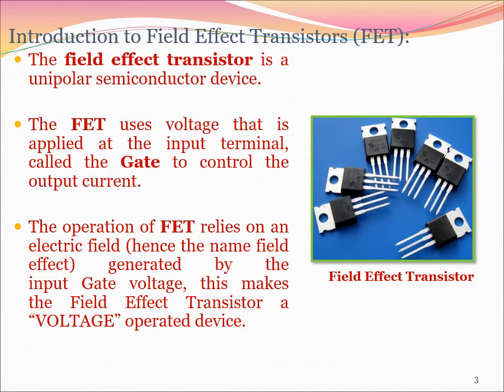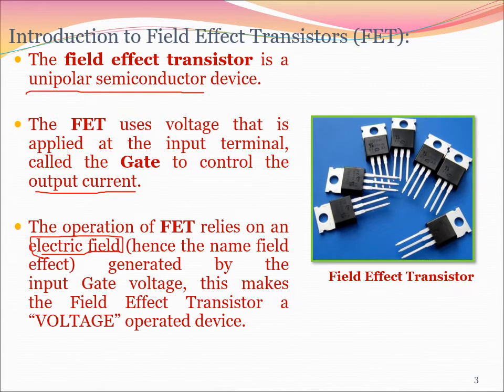So it is a unipolar semiconductor device, and it uses voltage at its input to control its output current. Unlike the BJT, where we were using current at the input circuit to control the output collector current. So it's a voltage controlled device, which means we are controlling the electric field at the input side.